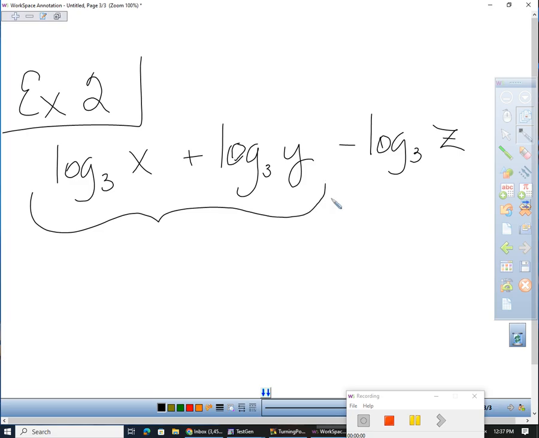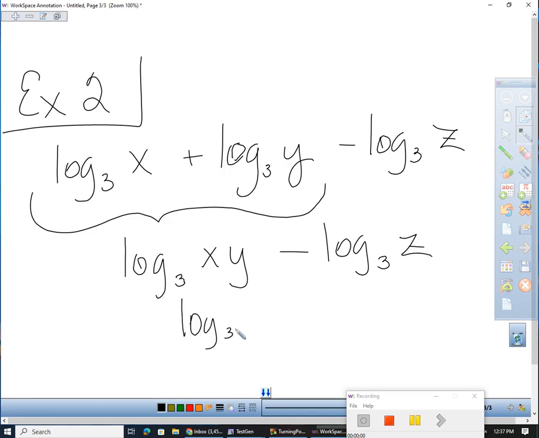In the log world, when we add, we really multiply. So this becomes log base 3 of xy minus log base 3 of z. Now, in the log world, when we subtract, we really do what? We divide. So this becomes log base 3 of xy divided by z.